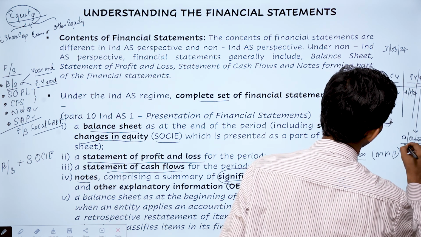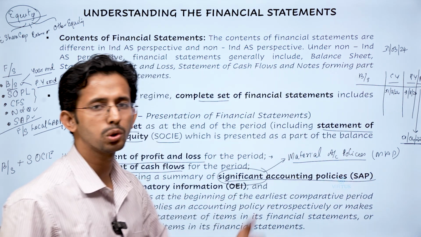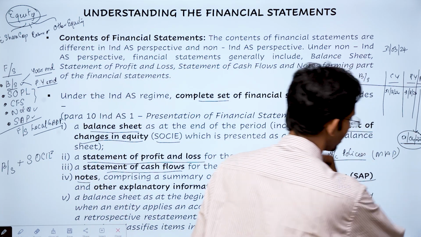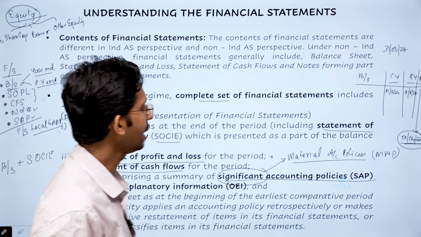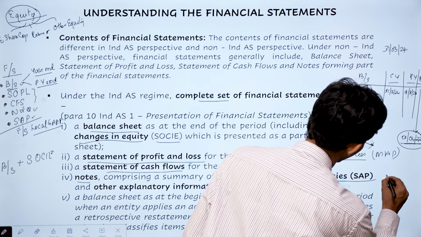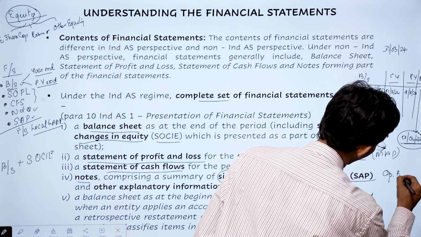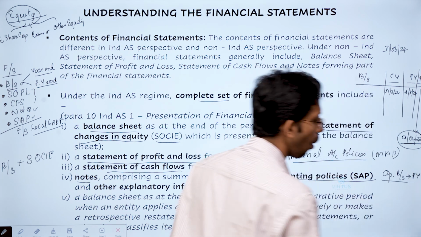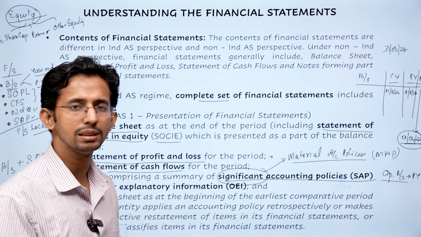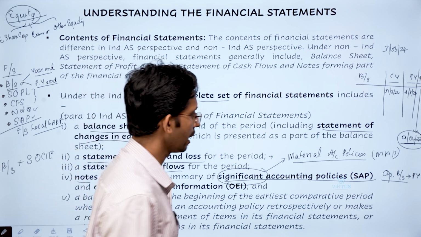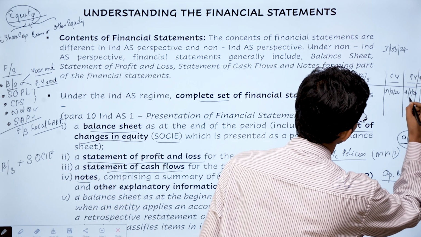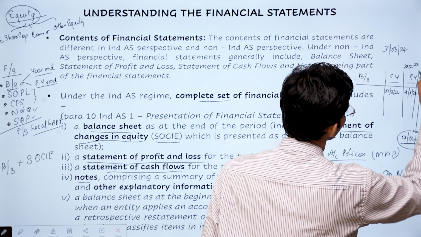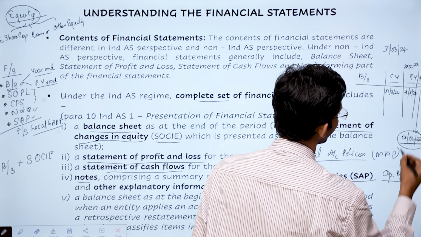1/4/22. What is 1/4/22? It is the opening balance sheet for the previous year, or the balance sheet as on the opening date. The previous year is 22/23, so the opening date will be 1/4/22.